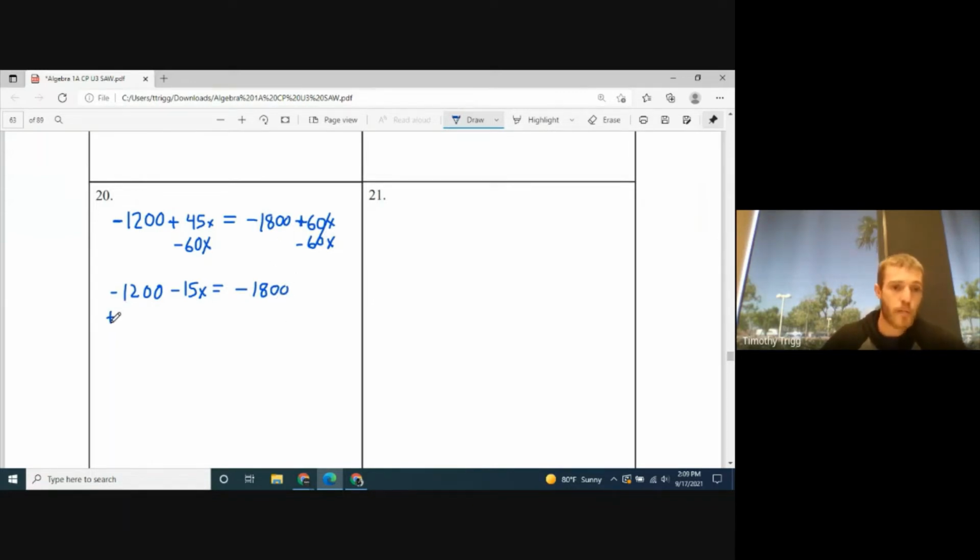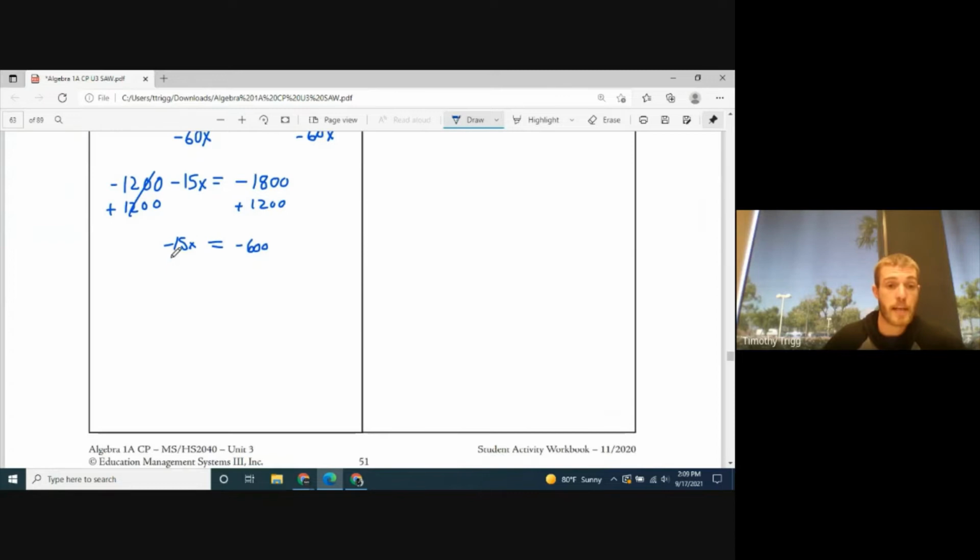We're going to add 1,200 to both sides of the equation. Let's cancel that. That'll give us negative 600 on the right and negative 15x on the left. To help us get x by itself, we're going to divide by negative 15 and divide by negative 15.